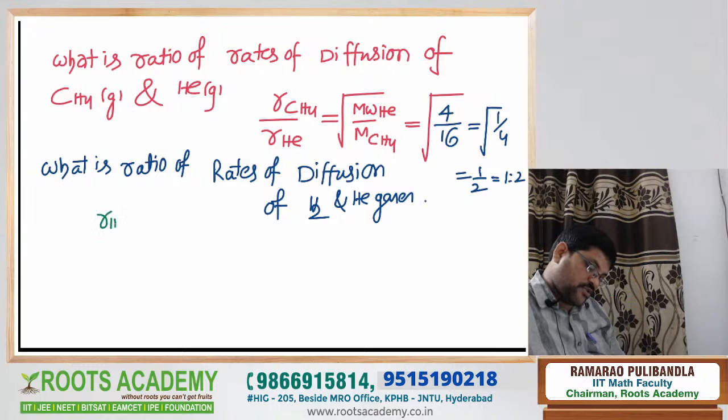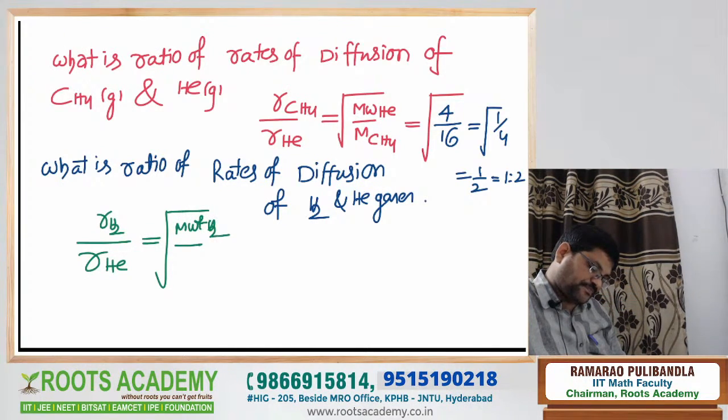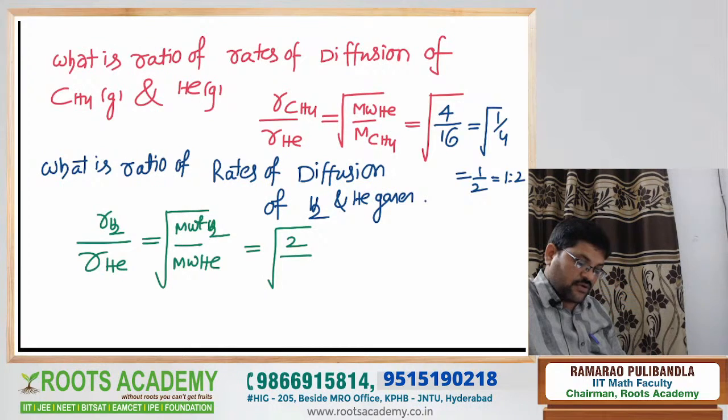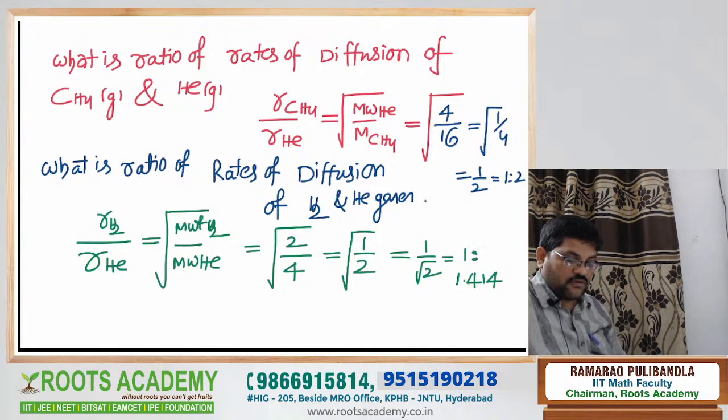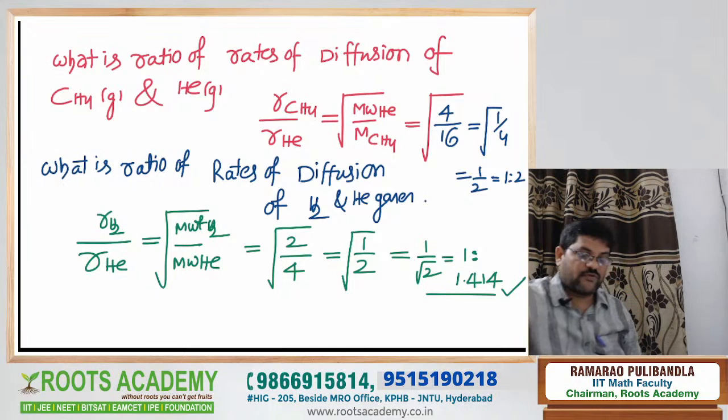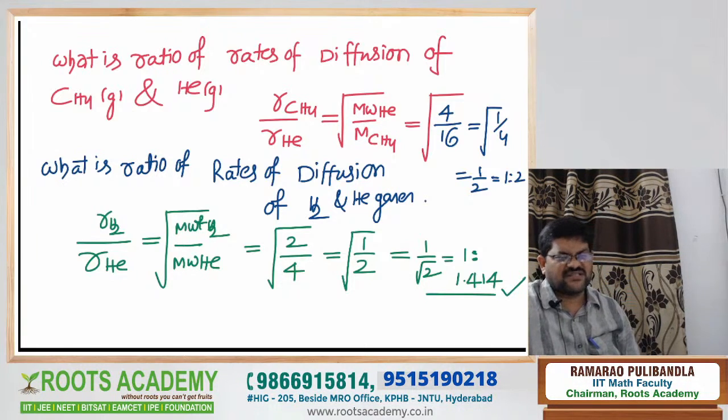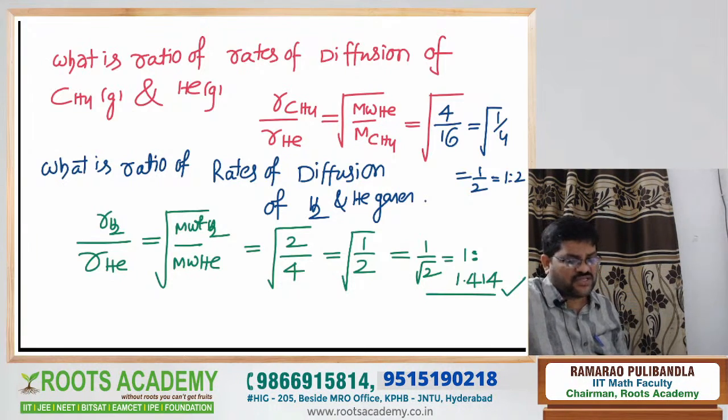Rate of diffusion of H2 by rate of diffusion of helium is equal to root over molecular weight of H2 by molecular weight of helium. H2 is 2 and helium is 4. You get 1 by 2, so 1 by root 2, which is 1:1.414. That is the answer. Is it clear? IPE questions are very easy questions. Not so much difficulty is given from the IPE point of view.